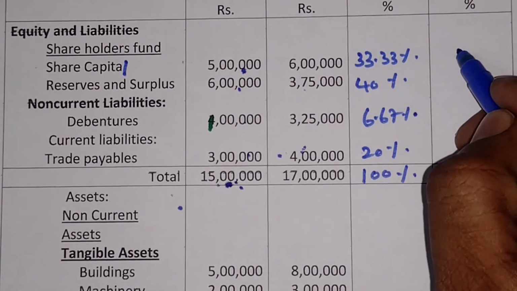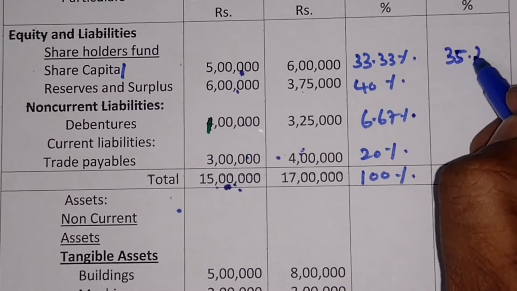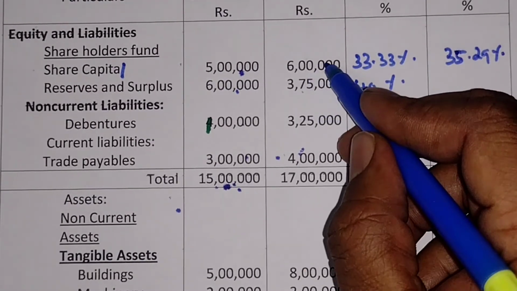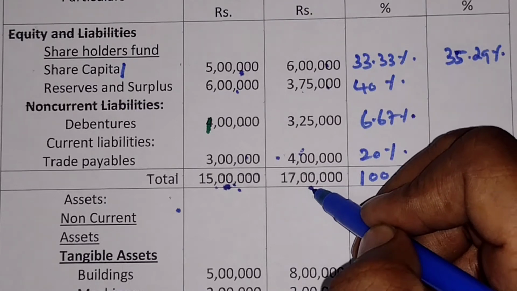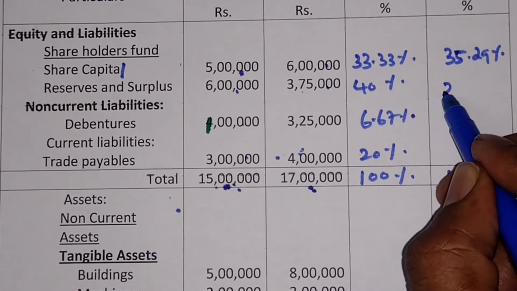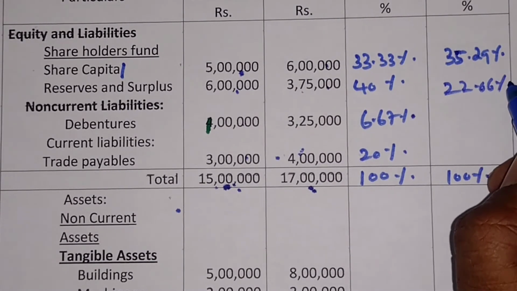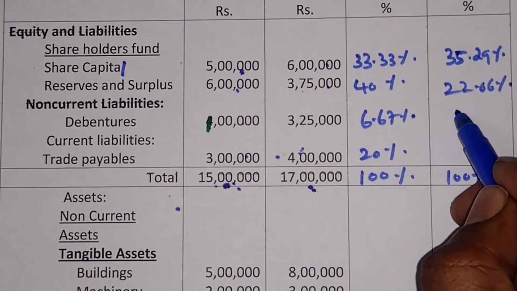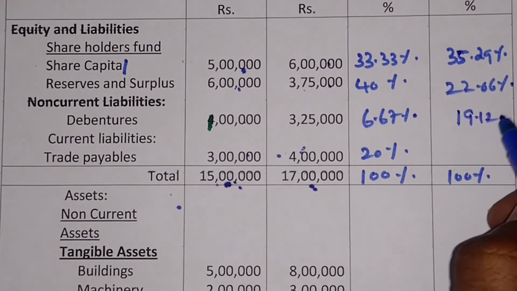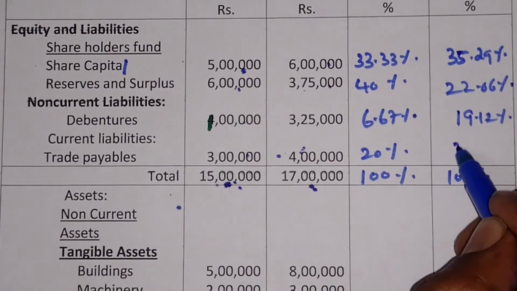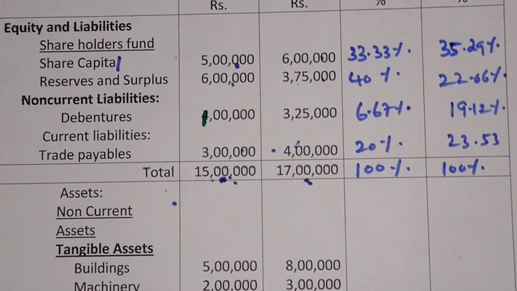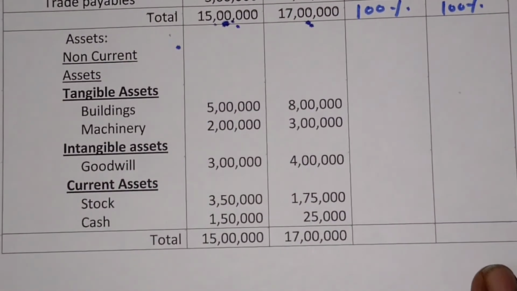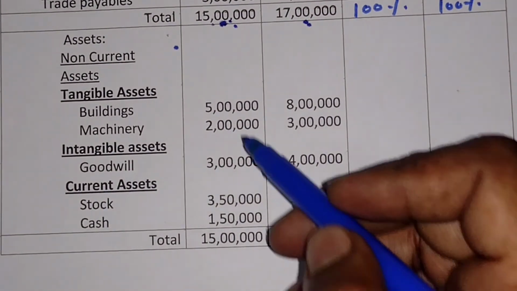In the same manner for the next year's liabilities, 35.29%, 6 lakh divided by 17 lakh. 3 lakh 75,000 divided by 17 lakh, 22.06%. And in the same manner, 19.12%. Next one is 23.53%. Now liabilities over. Let us take example of assets.